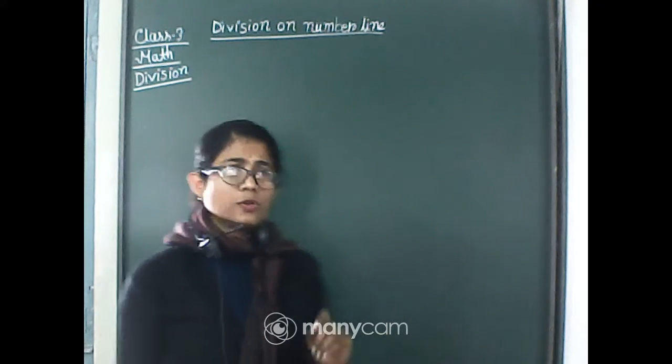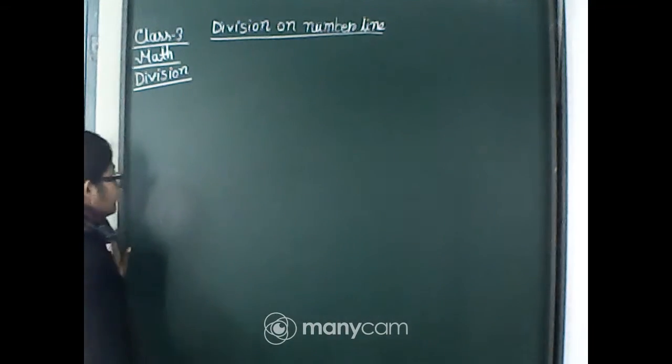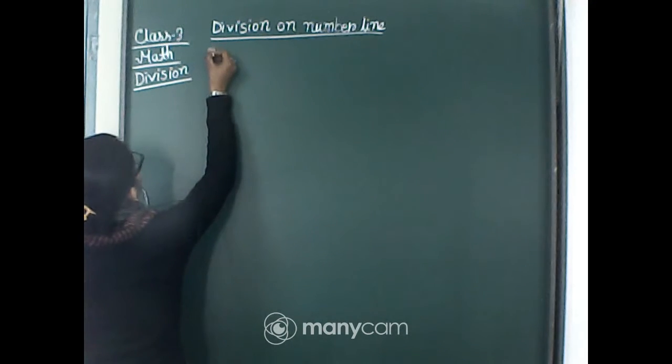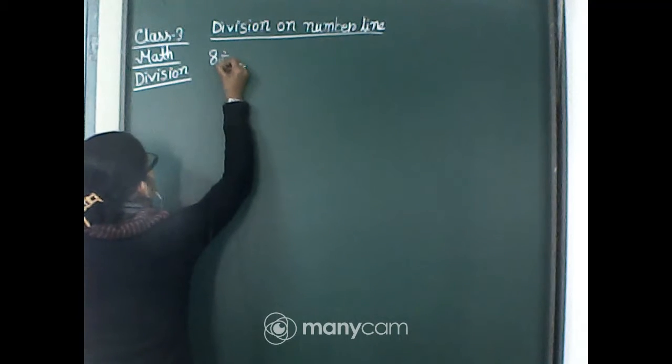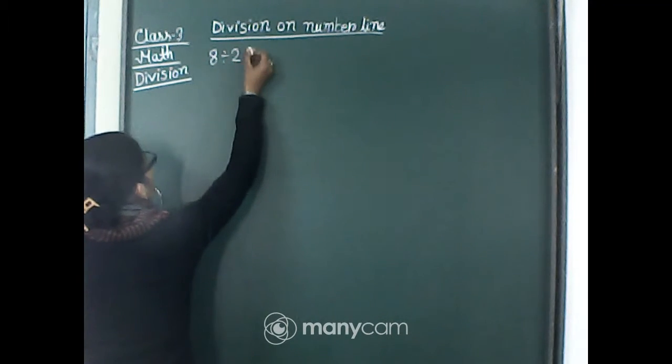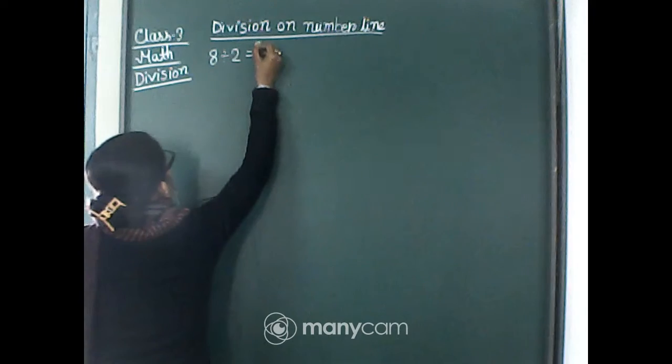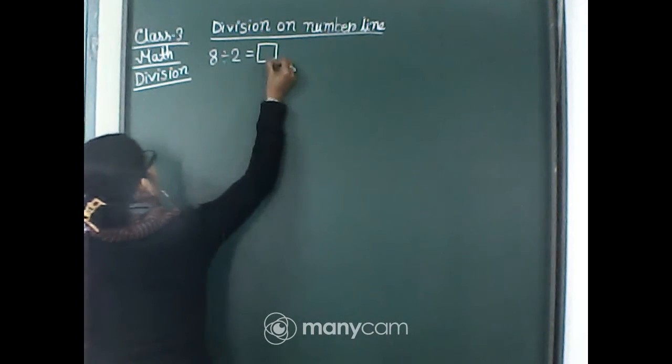So if I say 8 divided by 2, what is the quotient that you have to find out?